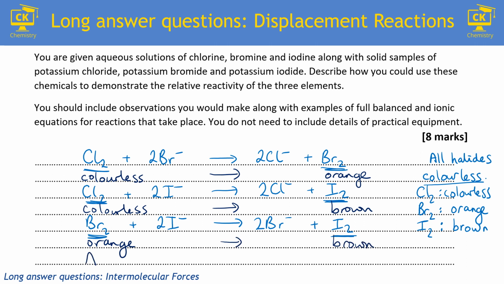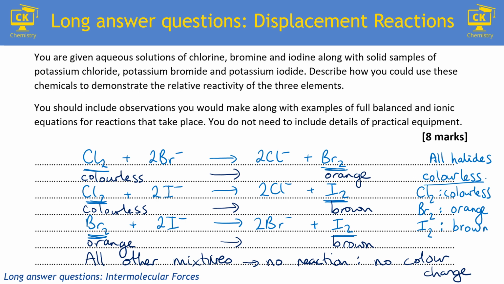And then we can say that all the other mixtures, there is no reaction and therefore no colour change. Just so we've been clear that there are three reactions that don't happen.